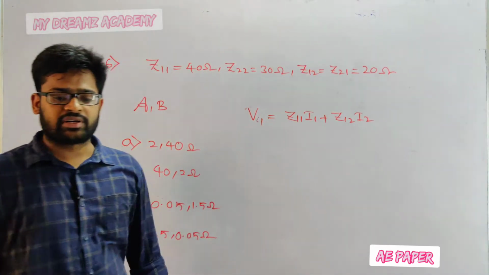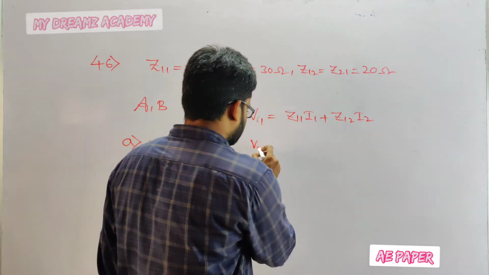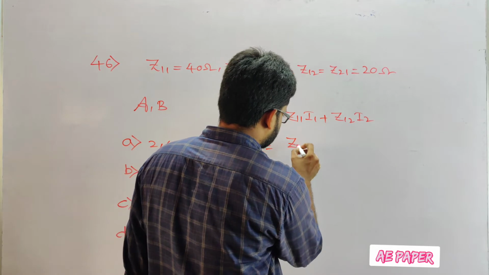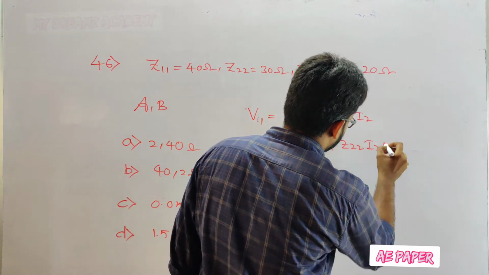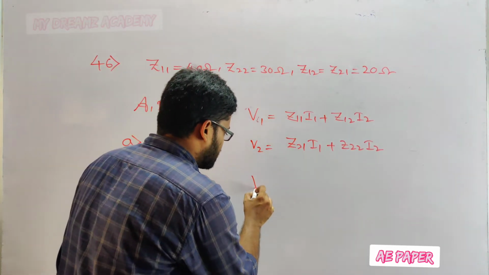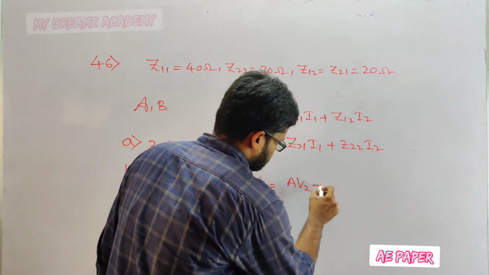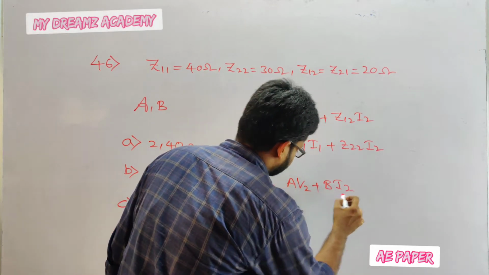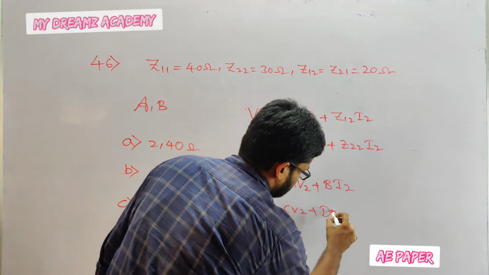Similarly, V2 is equal to Z21 I1 plus Z22 I2. Now I am going to write the ABCD parameters: V1 is equal to A V2 plus B I2, and I1 is equal to C V2 plus D I2.